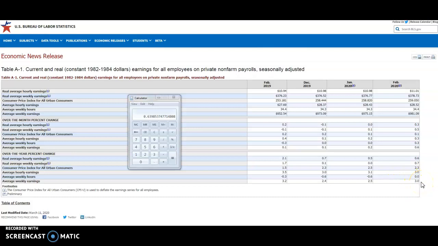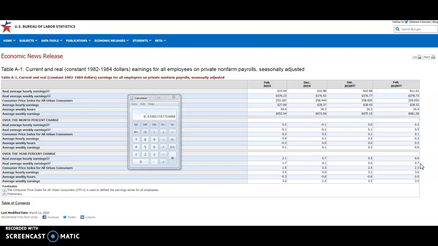Notice that inflation went up by 2.3%. So 3% minus 2.3% is a 0.7% change in real earnings. It won't always work out like that because of rounding, but it is a quick and easy way to calculate the change in real wages given a percentage change in nominal wages and inflation.